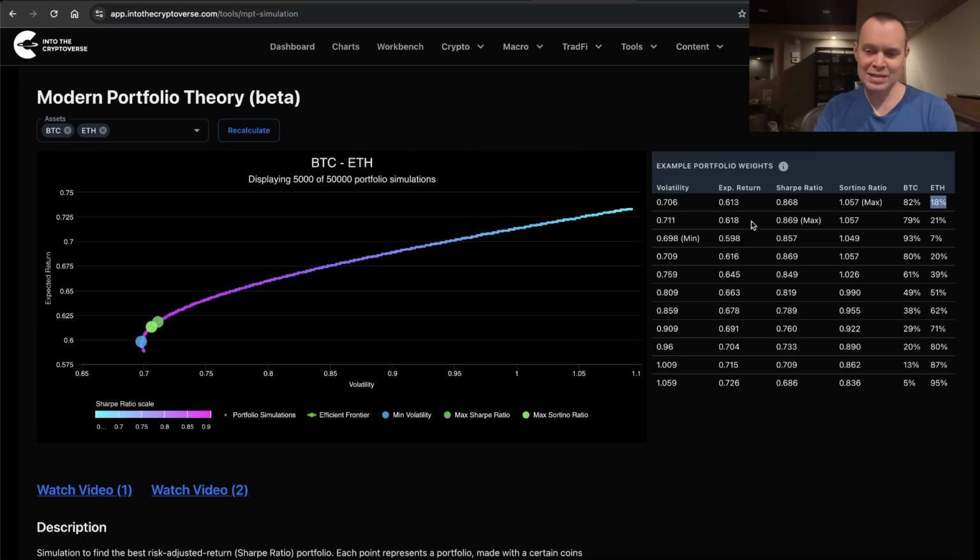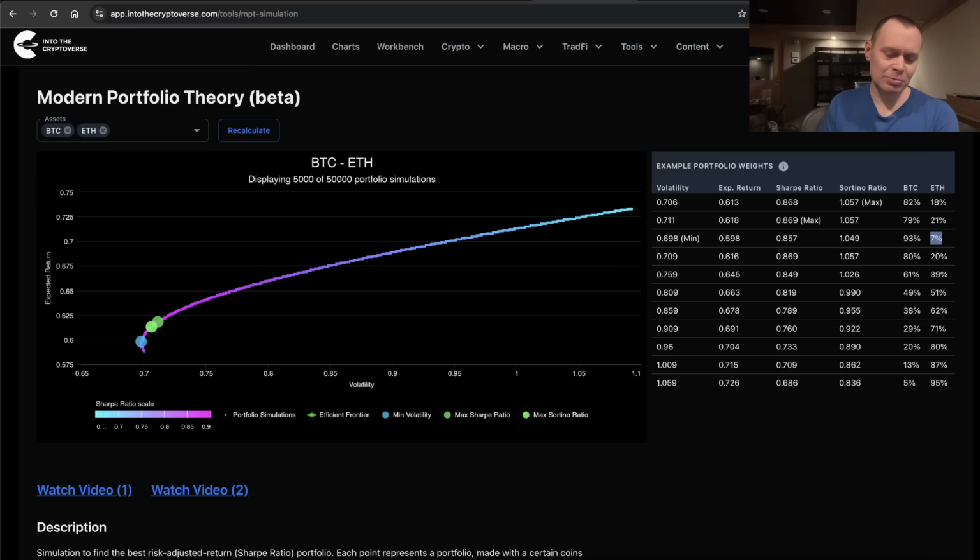Let's say you don't want to maximize your Sharpe ratio. You don't want to maximize your Sortino ratio. You want to minimize your volatility. Well, the portfolio of Bitcoin and ETH that minimizes your volatility is 93% Bitcoin and 7% ETH.